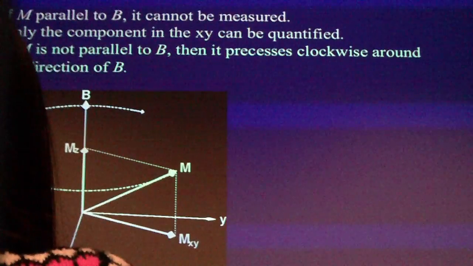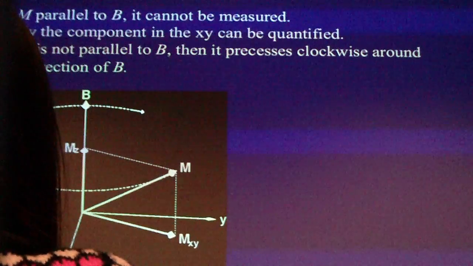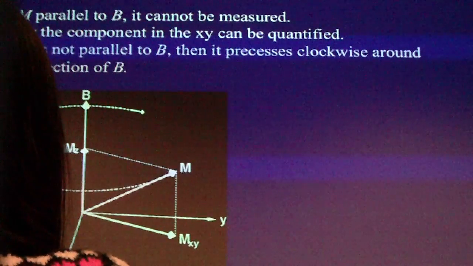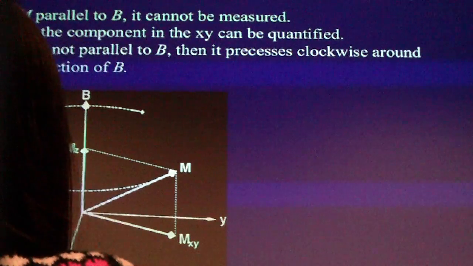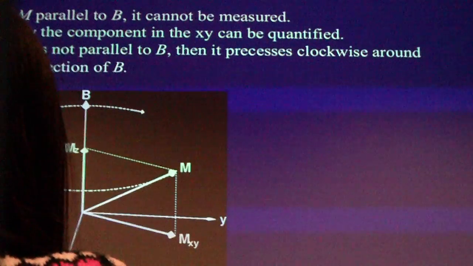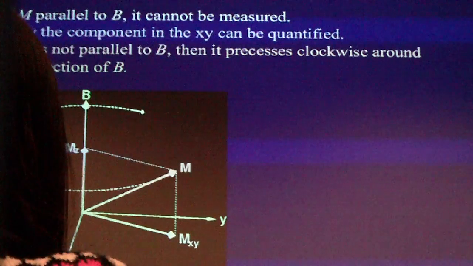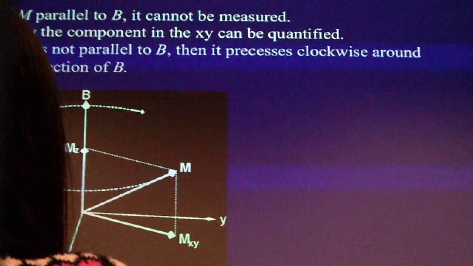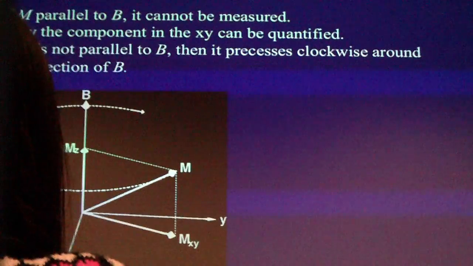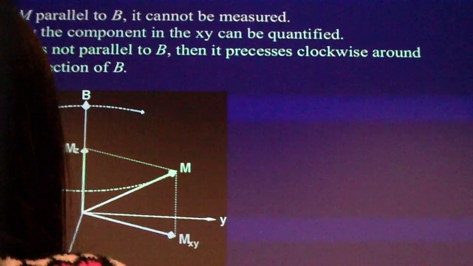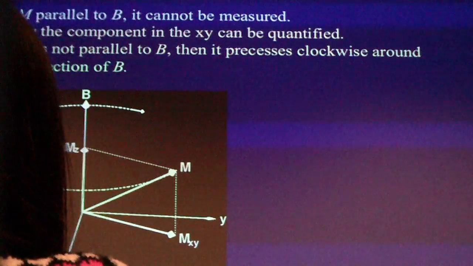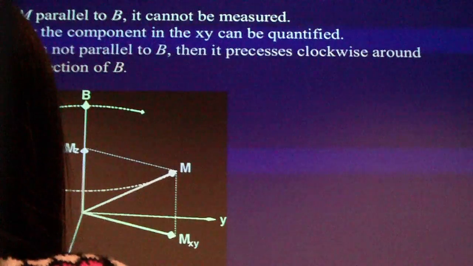And this we can do by applying radio frequency pulses. I come to this in a moment. So this is electromagnetic radiation interacting with the magnetization, pulling it out of the direction of the magnetic field.